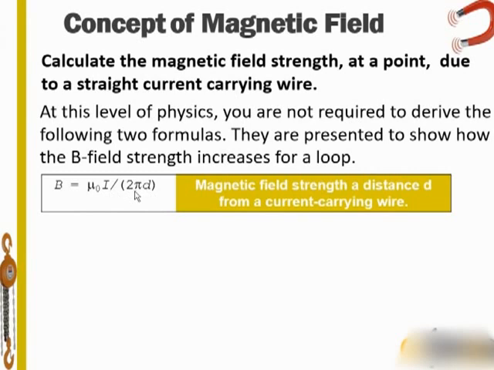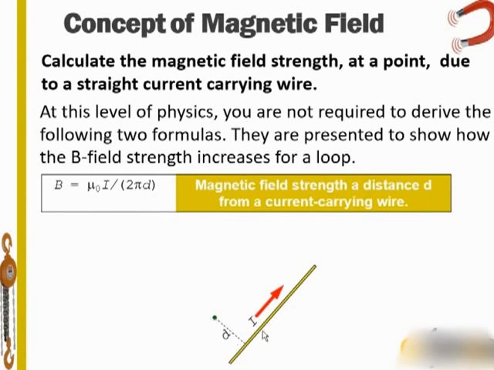And d is the distance from the current carrying wire. When you think about it, what we're looking at with this particular equation is we're trying to determine the magnetic field strength at a distance d from a straight line current carrying wire.